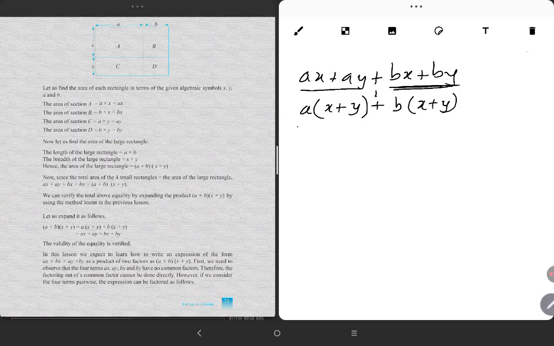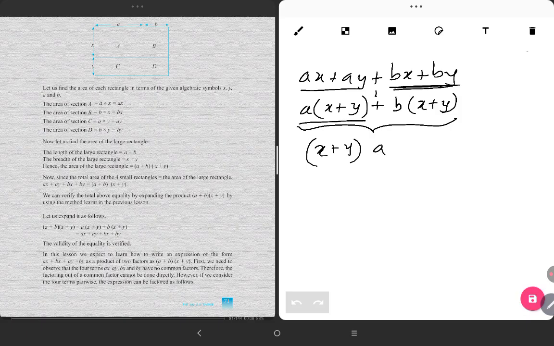Now take a look at this entire thing. You see something common, right? What is it? x plus y is common. So if I take x plus y out of that, for this term what is remaining is a.